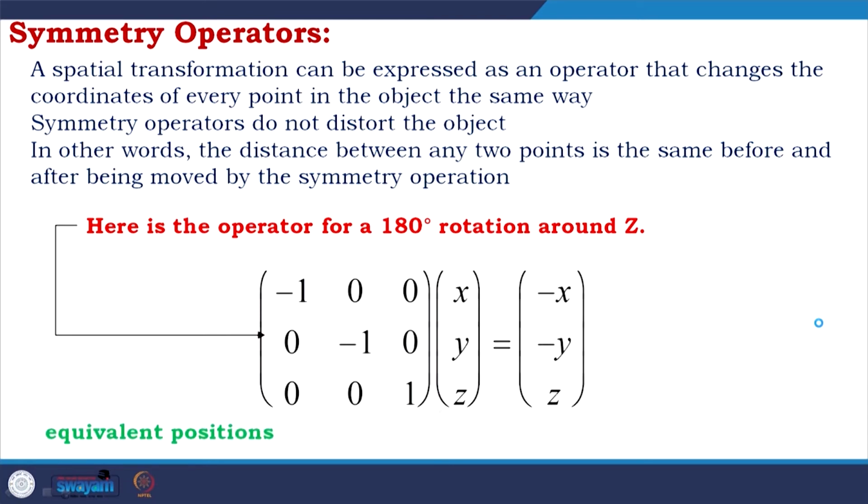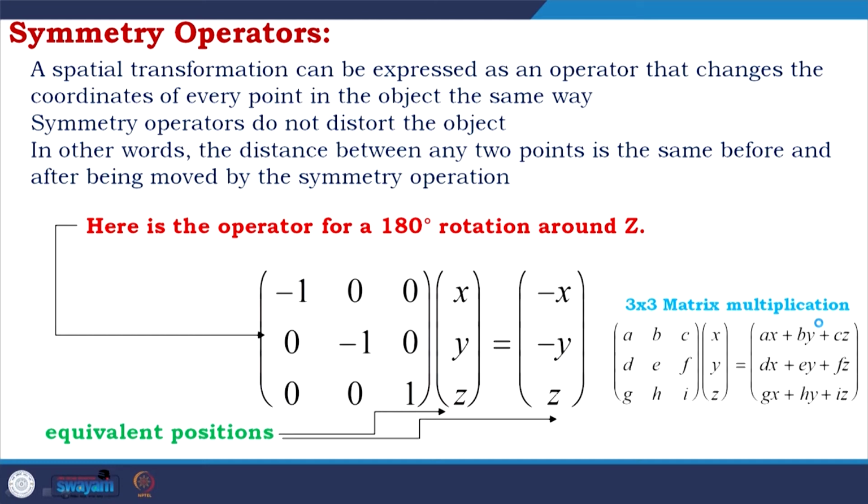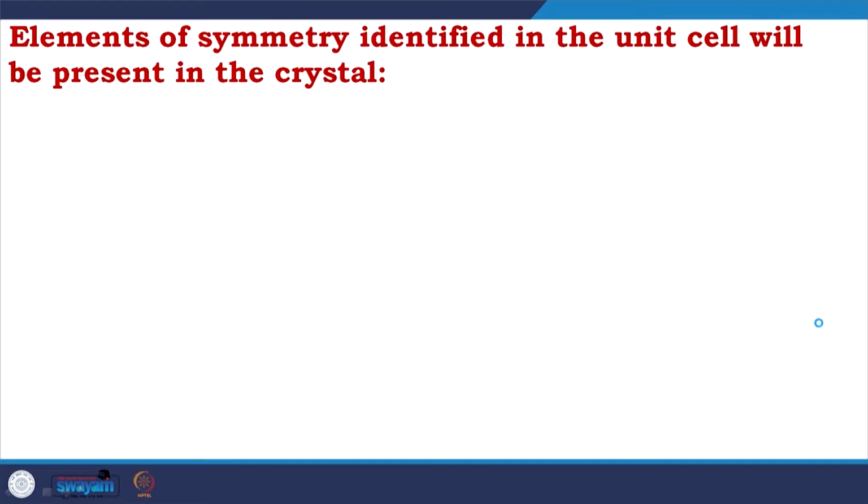So, these two are equivalent positions, and the concept comes from 3 into 3 matrix multiplication, which has a matrix form like this. The elements of symmetry identified in the unit cell will be present in the crystal. So, which would be the symmetry 1, the center of symmetry, which we call inversion.